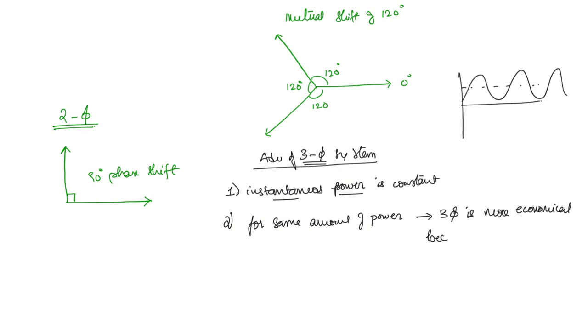So the volume of conducting wire is lesser. These are the major two advantages because of which we prefer the three-phase systems.